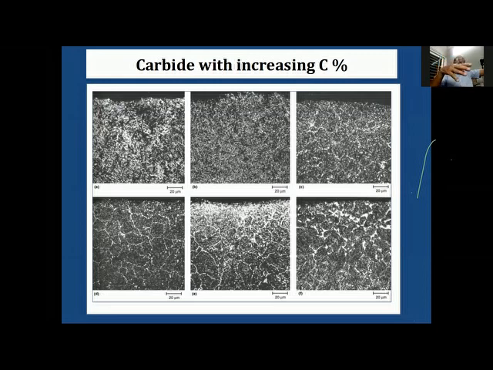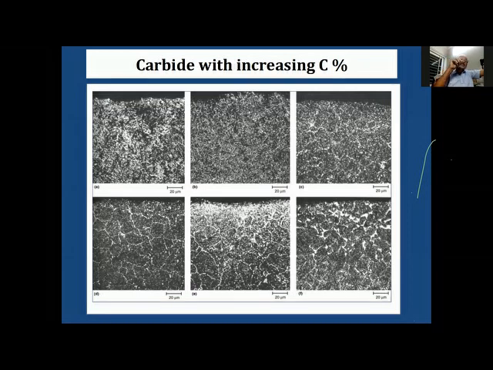So here we have a case which is showing you the effect of carbide forming elements and excess carbon. In the first case, the structure is fairly good. The second stage is also good. In the third case, you'll find along the grain boundaries some spots and small platelets of carbides have started appearing.